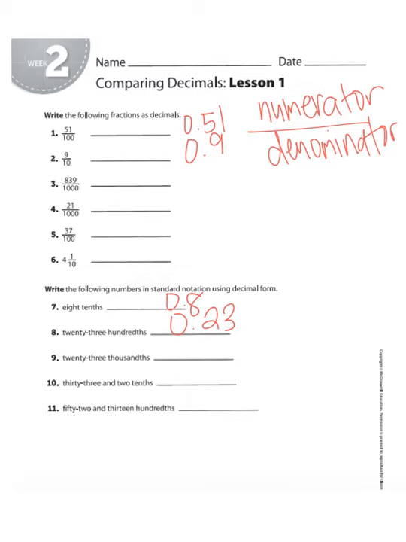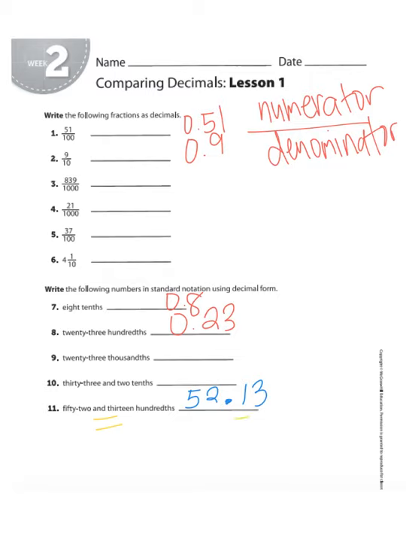Let's take a look at number 11 because I see the word and in there. So this would be 52. So I'm going to go ahead and start with my 52 and, that's where I'm going to put my decimal point, 52 and 13 hundredths. So 13 hundredths would have 2 places after the decimal point.